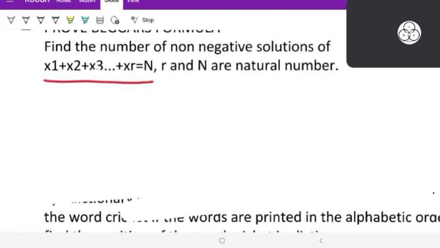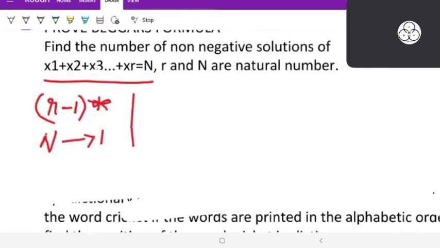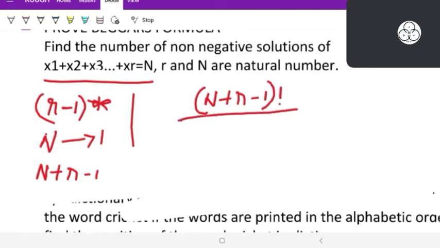We are having r minus 1 stars and n number of ones. So the total number of things is n plus r minus 1. This is the total number of arrangements, factorial, divided by the repetitions, r minus 1 factorial and n factorial.